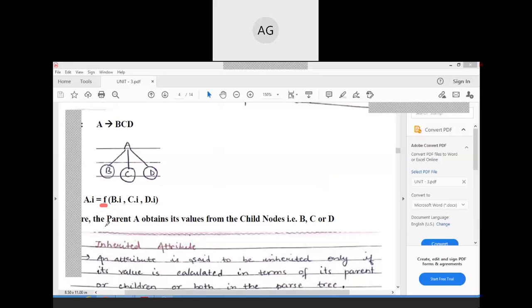Here the parent A obtains its values from the child nodes, that is either from B, C, or D. Such attributes are called synthesized attributes because the parent node gets its values evaluated from its children only. That's why they are called synthesized attributes.